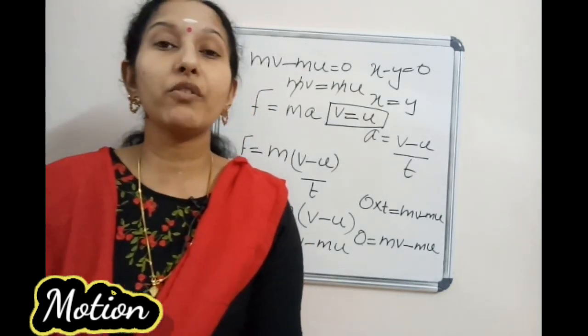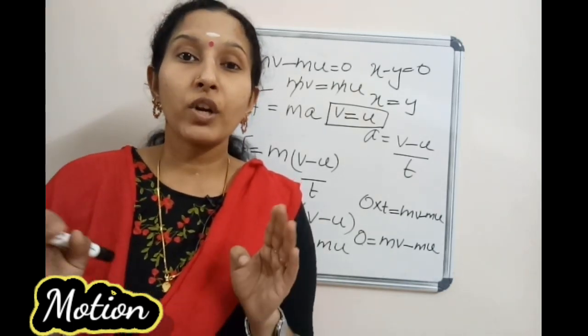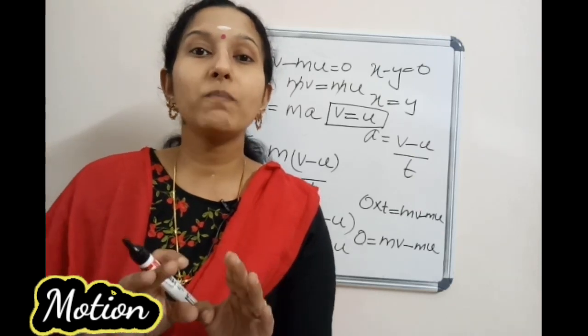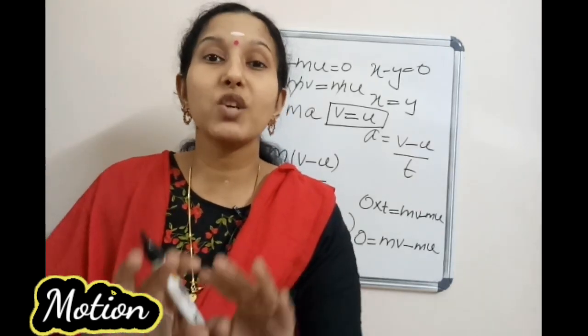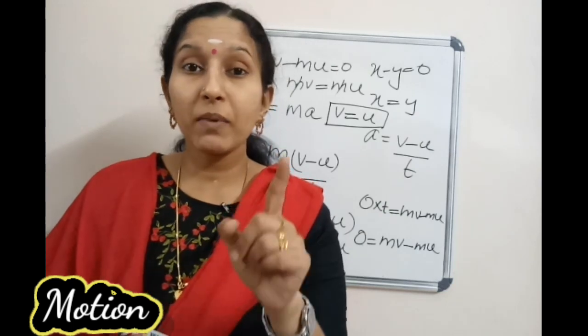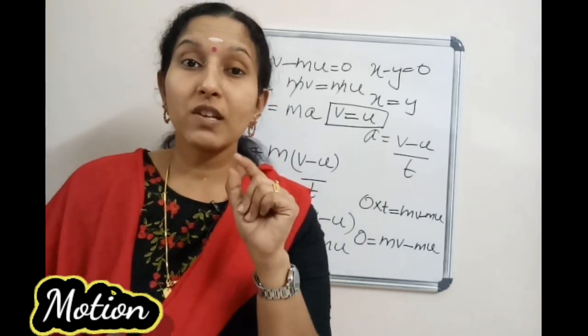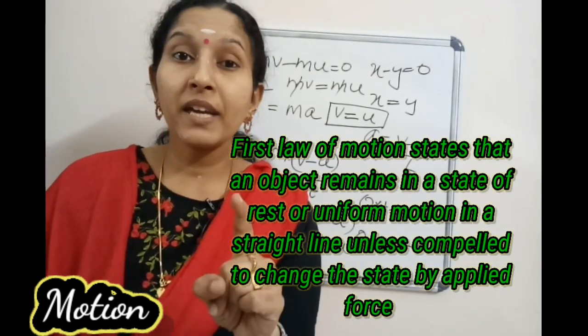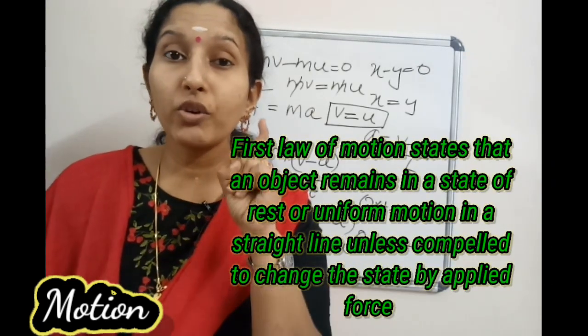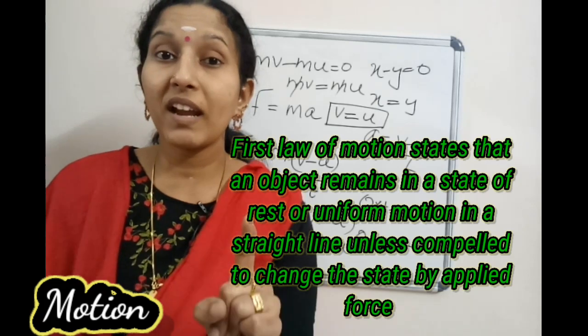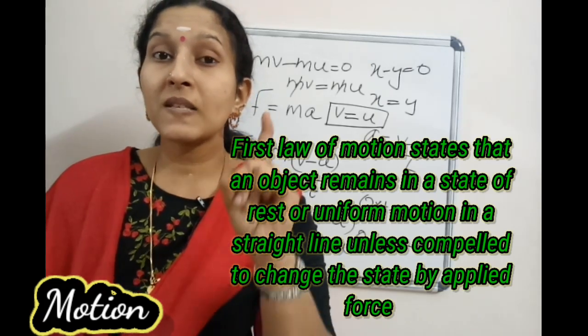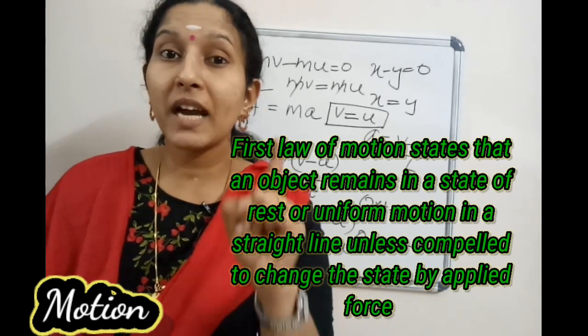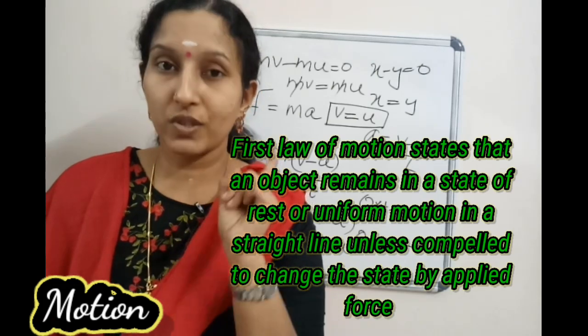So v equal to 0 and u equal to 0 means the object is at rest, not moving. So what is the statement of the first law of motion? The first law of motion states that an object remains in a state of rest or uniform motion in a straight line unless compelled to change that state by an applied force.